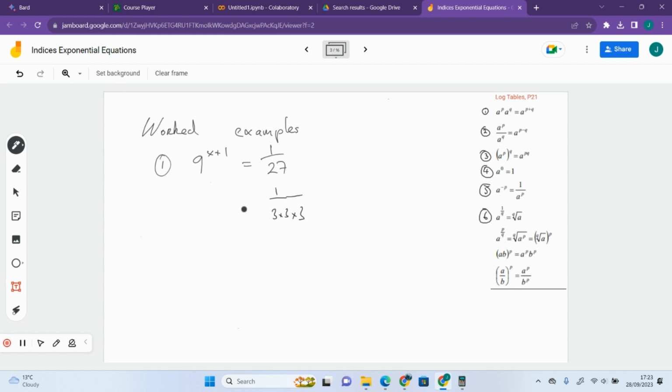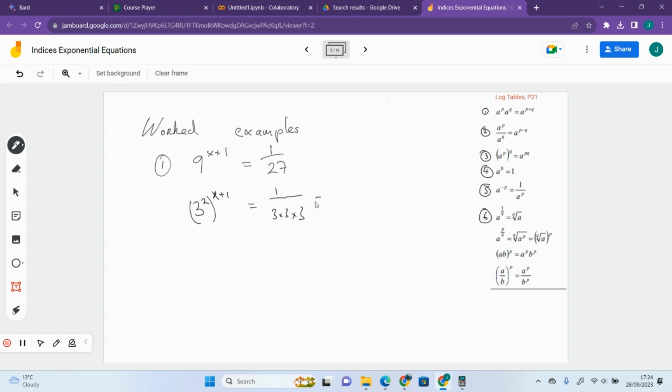I'll leave it like that for a second. That's equivalent to 1 over 27. What do I know about the 9? Well, 9 is 3 squared. If I put that there and then power it by x plus 1, that's the same as what I've written up there. It means exactly the same thing.